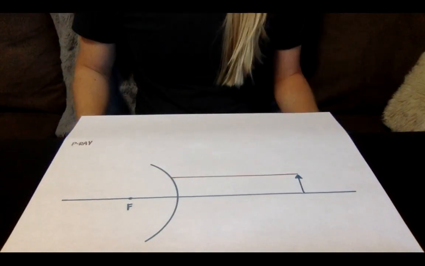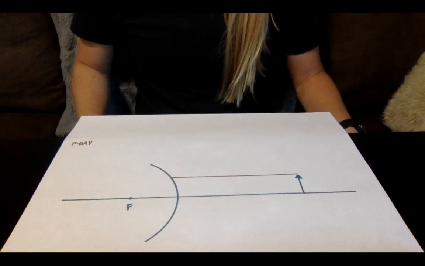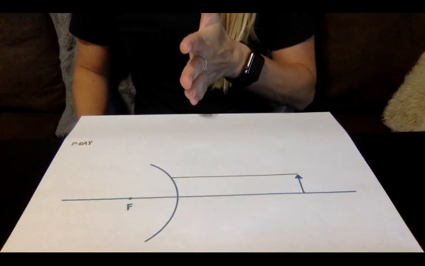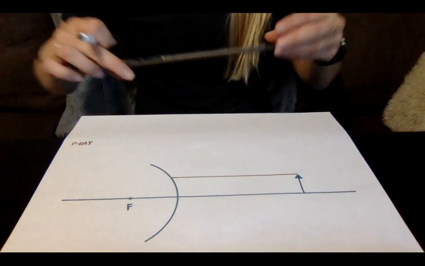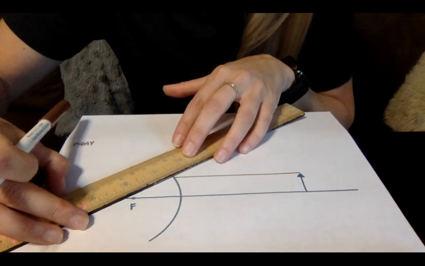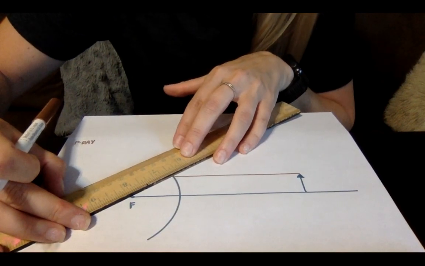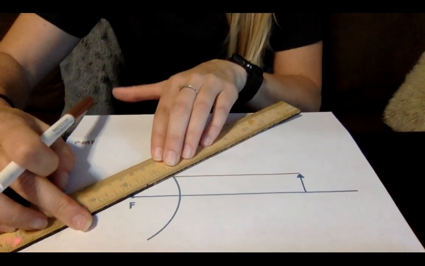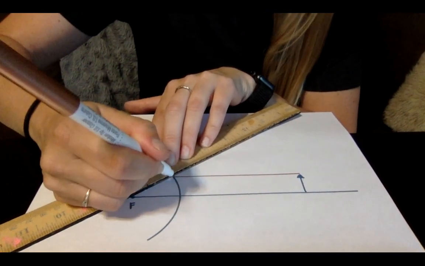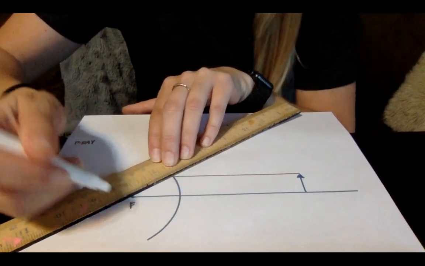Then our parallel ray, just like it does in a concave, goes from parallel to through the focal. So we're going to line up with this focal over here and line it up with our ray there. Obviously on a mirror, light's not actually going to go through the mirror, right?